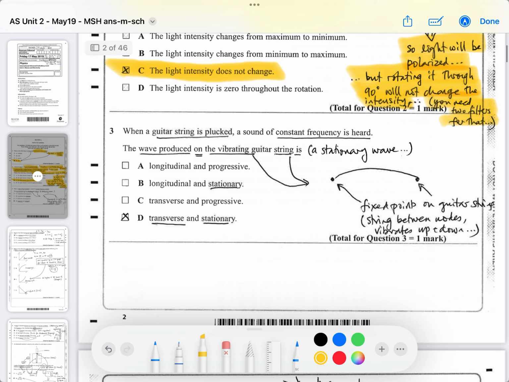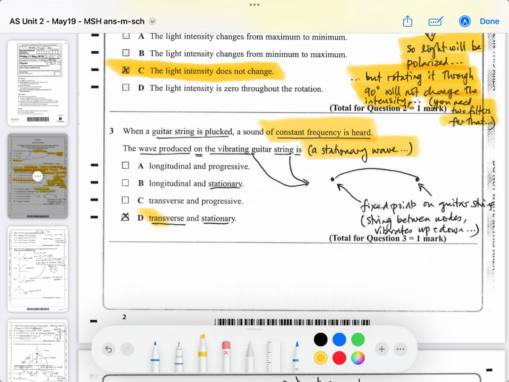Okay, so here a guitar string is plucked, yeah, and a sound of constant frequency is heard, yeah. The wave produced on the vibrating string is what? So it's a stationary wave, we just did that in class. A wave produced on a vibrating string, so it's a string that's vibrating, we're not talking about the sound.